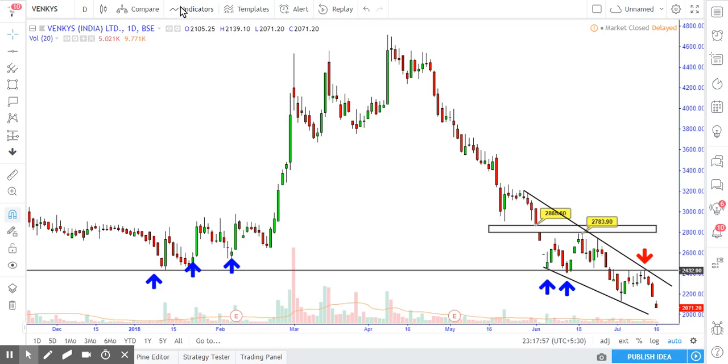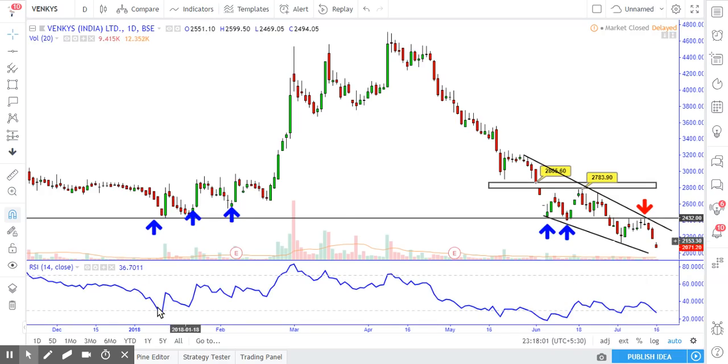Now I am using the RSI indicator. What I noticed is that the RSI went to the oversold zone, to the 18 level, and from there it went to a high of around 40, and afterwards it did not go above that.